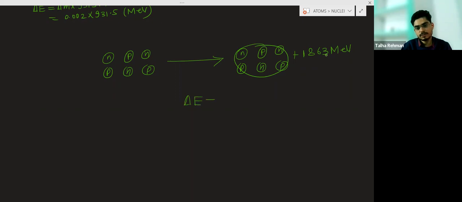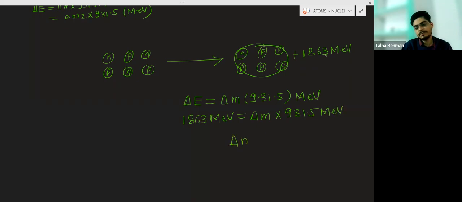You will apply this formula: delta E is 1863 MeV, equal to delta M multiplied by 931.5 MeV.